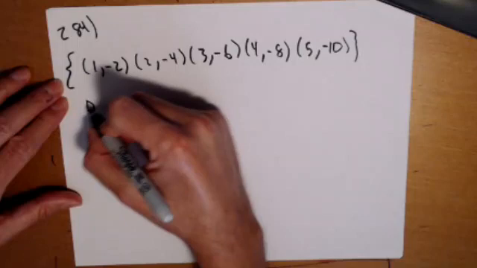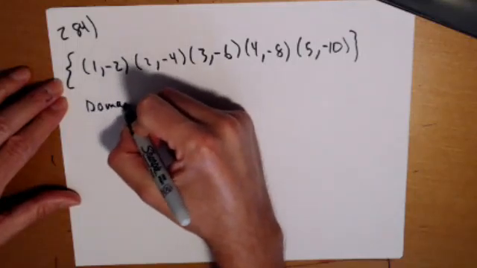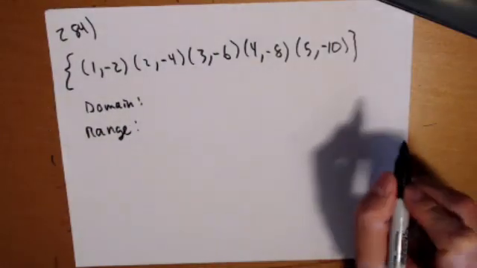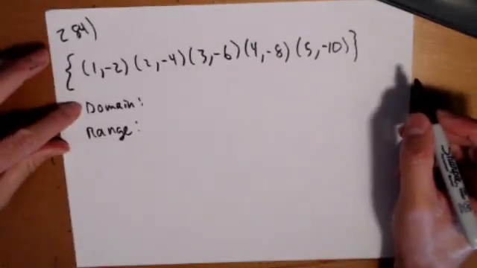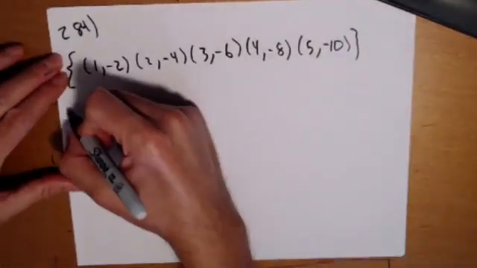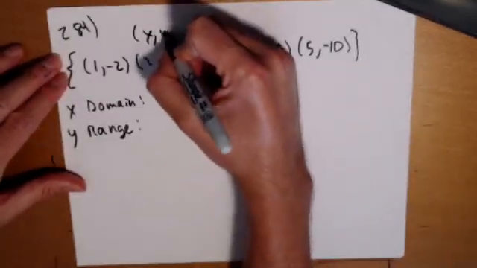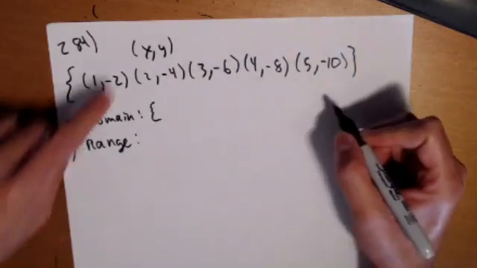So they talk about the domain and the range of functions or situations. Sometimes it's called the input and the output, or sometimes we just call it the x and the y. So remember, we have the x comma y. So the domain is just the x's.